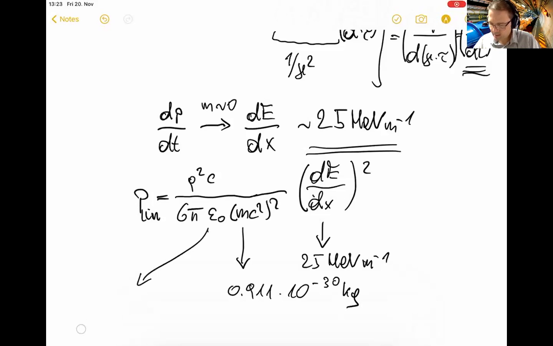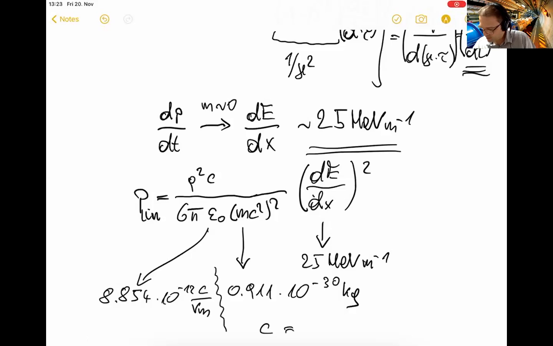Epsilon 0 is, in SI units, 8.854 times 10 to the minus 12 coulomb per volt meter. That's epsilon 0. And c, the speed of light, is very roughly 3 times 10 to the 8 meter per second.